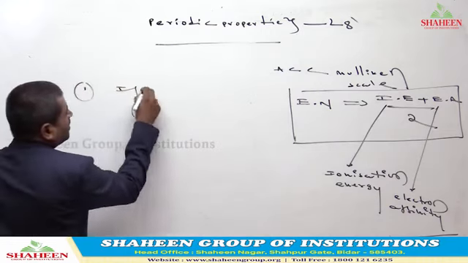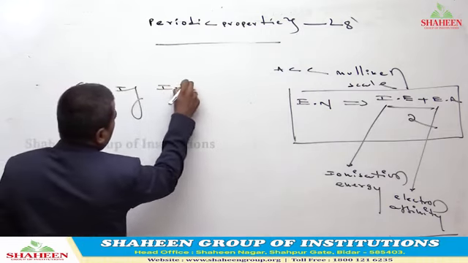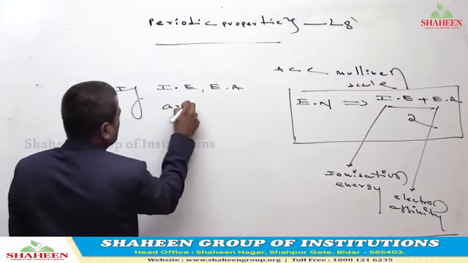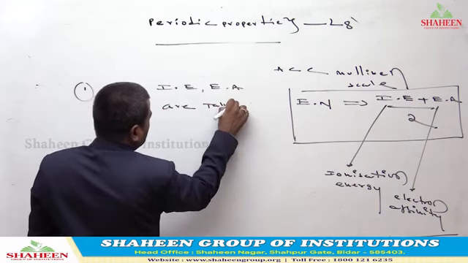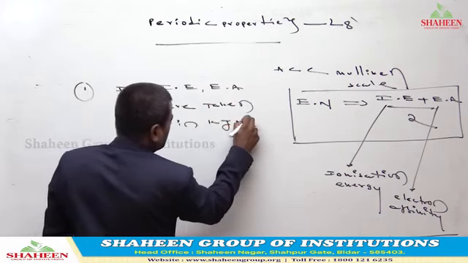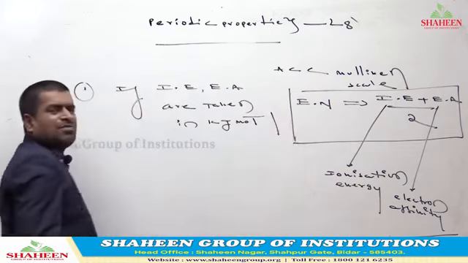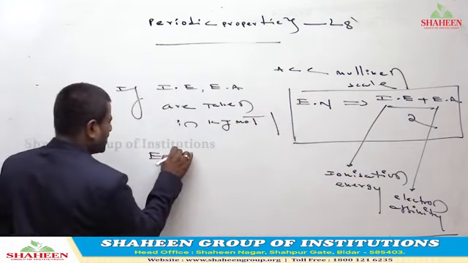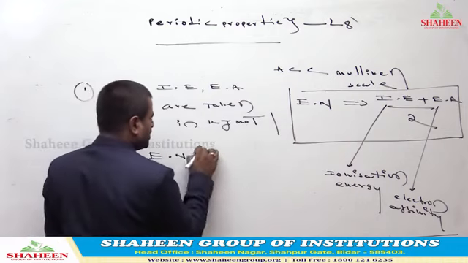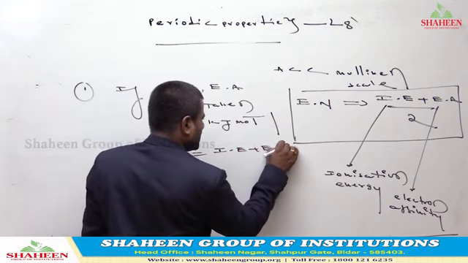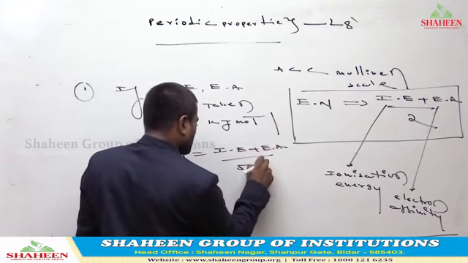If IE, EA are taken in kilojoule per mole, this formula is used for calculation of electronegativity: IE plus EA divided by 544.